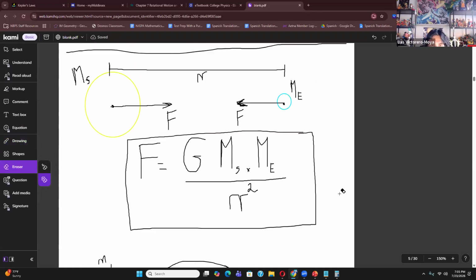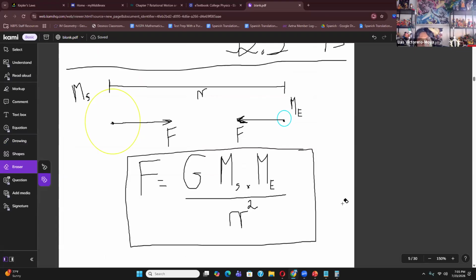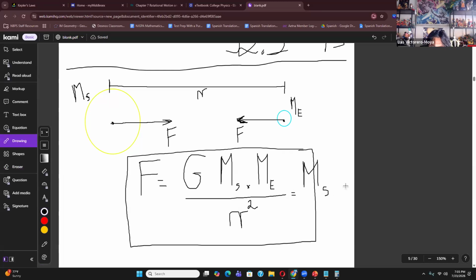So then here, if I want to find the acceleration of the sun towards the earth, you can just say this equal to... the mass of the sun cancels.